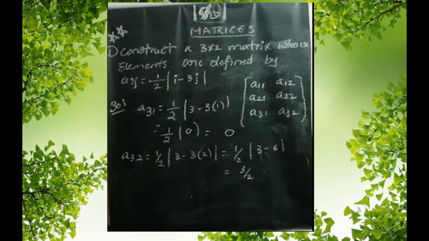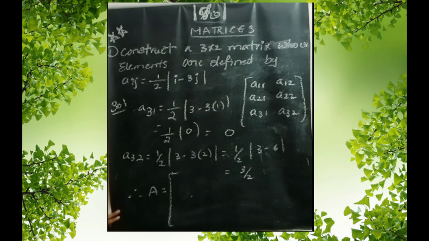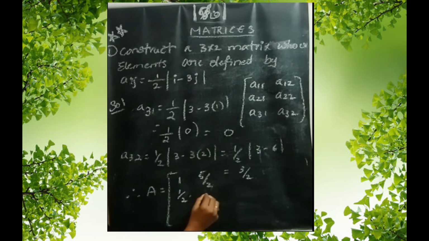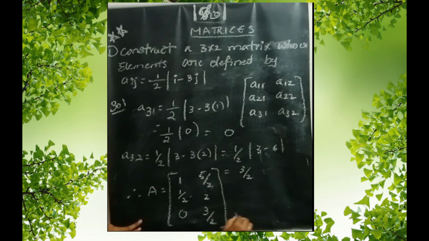Now substitute each position element in the 3 by 2 matrix. Therefore A has A11 equals 1, the value of A12 is 5 by 2, A21 is 1 by 2, A22 is 2, A31 is 0, and A32 is 3 by 2. This is the 3 by 2 matrix. Very simple.